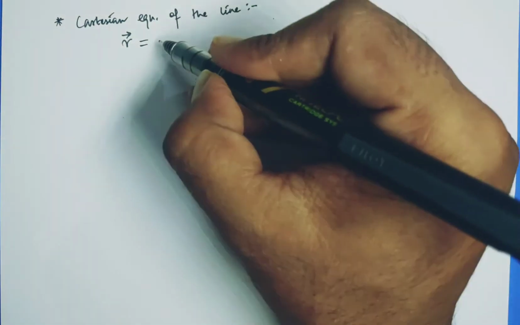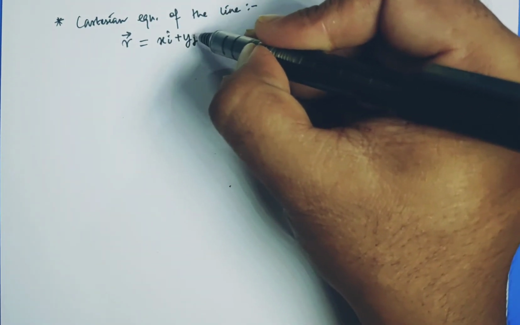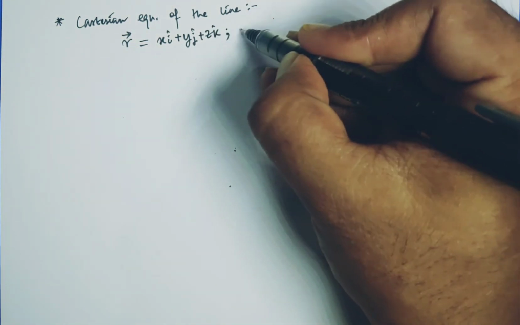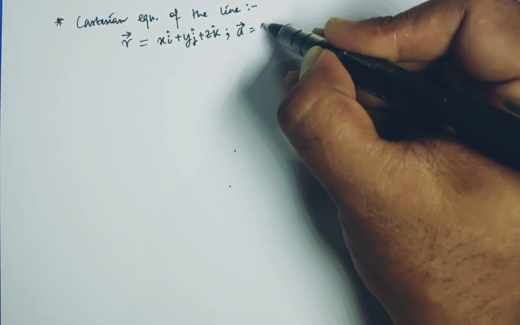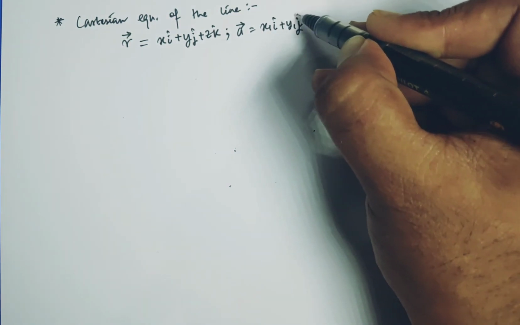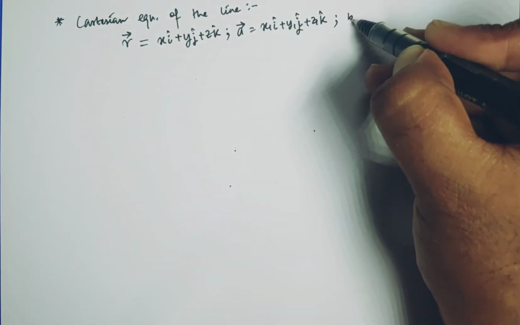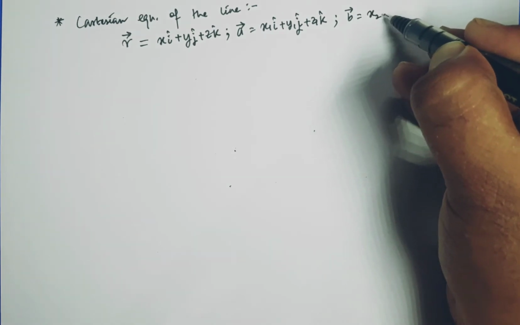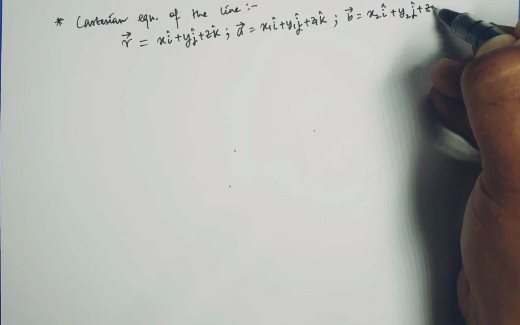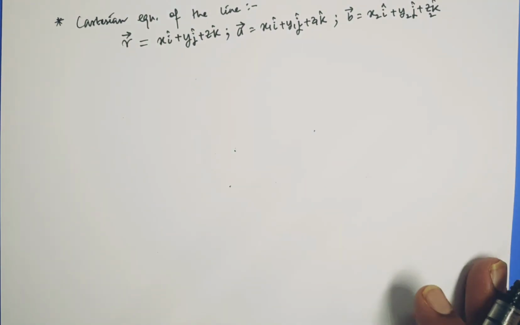R vector is given by x i cap, the general point x, y, z, plus y j cap plus z k cap. This is the general point. Now the first point A vector will be x1 i cap plus y1 j cap plus z1 k cap, right? Then B vector will be given by x2 i cap plus y2 j cap plus z2 k cap, right? So these are the points which we got.